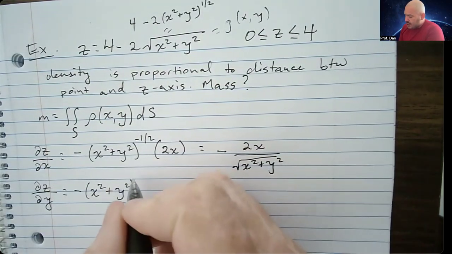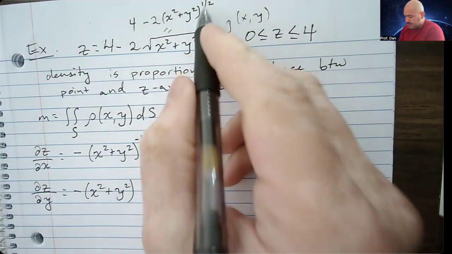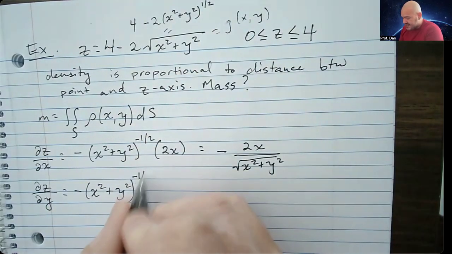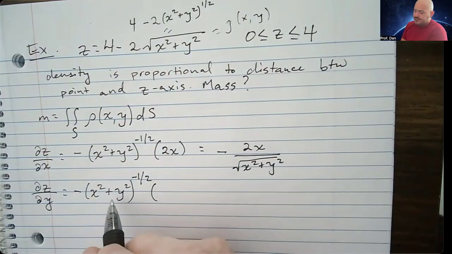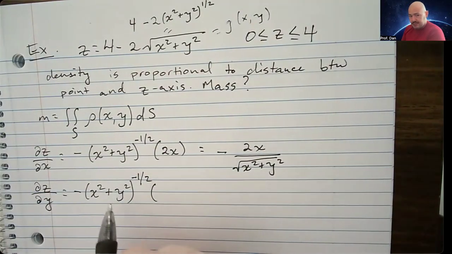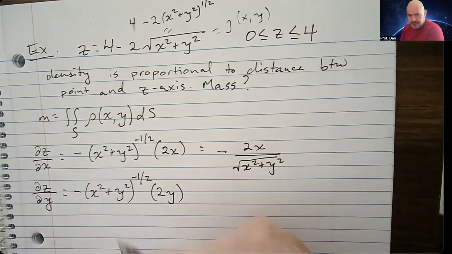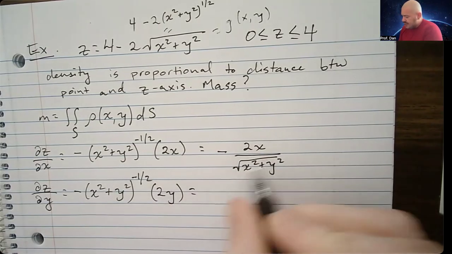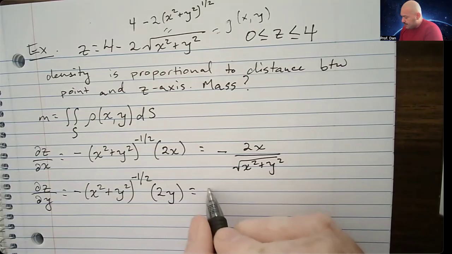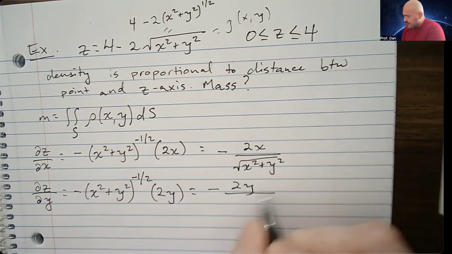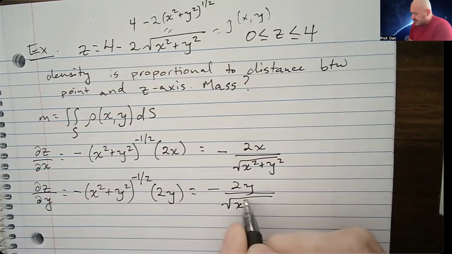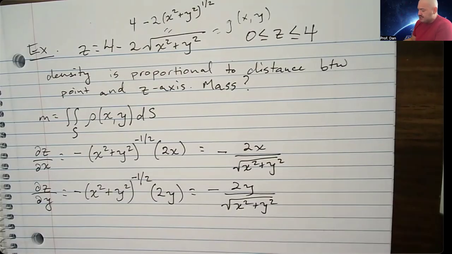Take 1 away from the power, which taking 1 away from 1/2, that's -1/2. Multiply by the derivative with respect to y this time of the inside, and we get 2y. If I rewrite this one in root form, I end up getting -2y over the square root of x squared plus y squared.